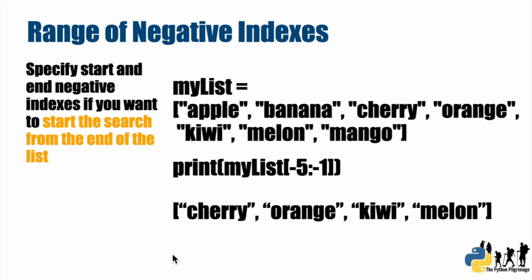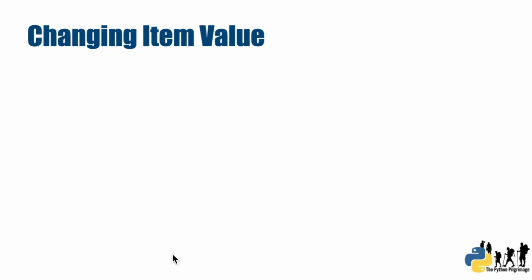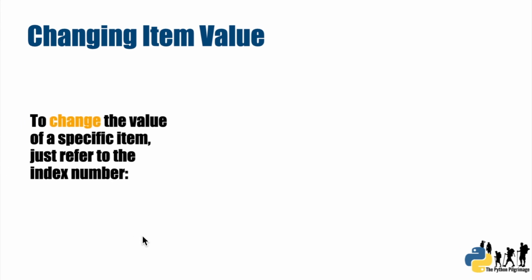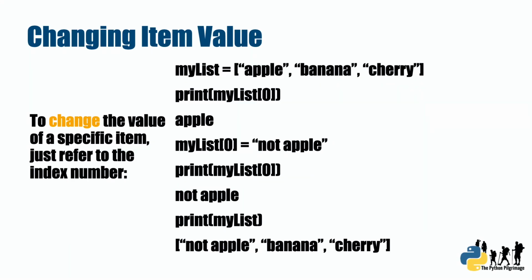Moving on, since we said that lists are mutable, meaning we can change the item value. So how do we do that? To change the value of a specific item, just refer to its index number. So you have your list, apple, banana, and cherry. Initially, if you print out index 0, you get apple.